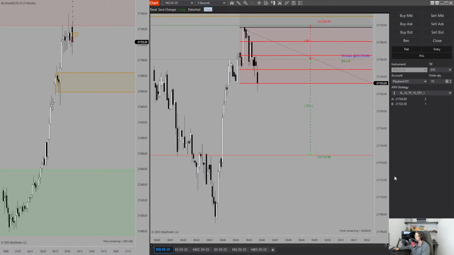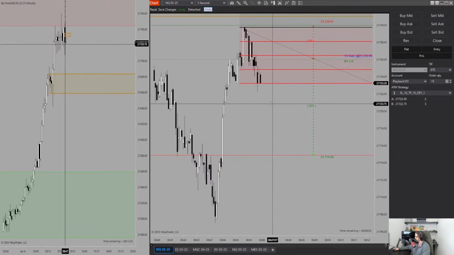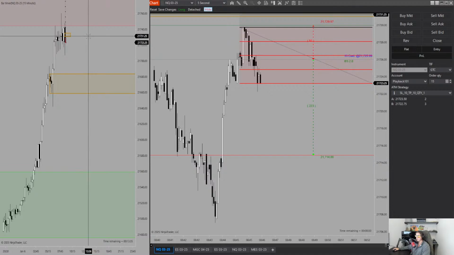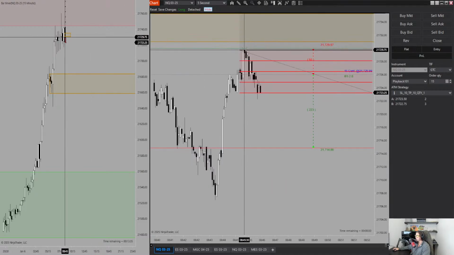Might have needed to mark it in here. Not convinced yet, but the 15-minute did close below the last open. I just don't like that we didn't hit this, didn't tap the order block up here, and we left no wick.